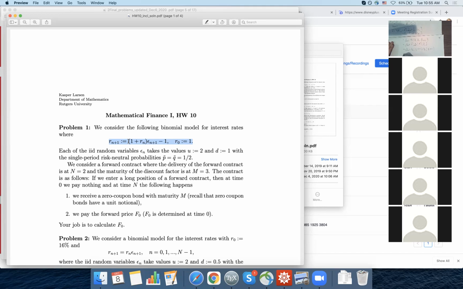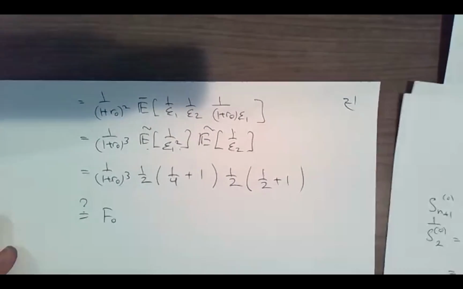Right, and you want to solve this for your F0. What's the mass value?